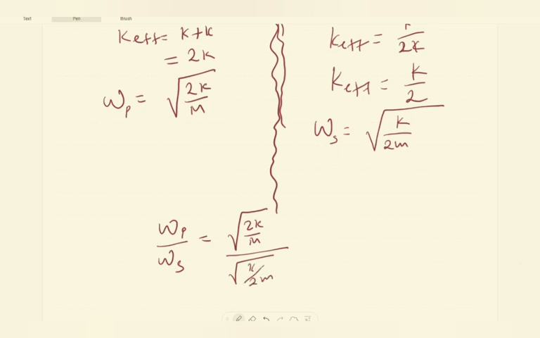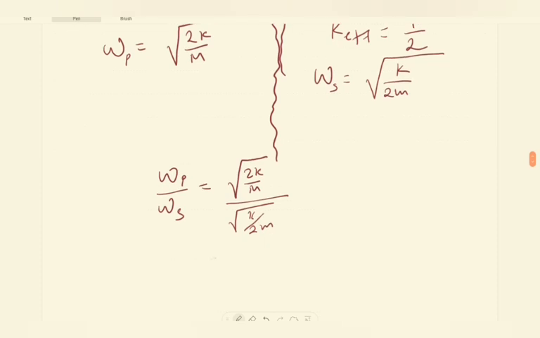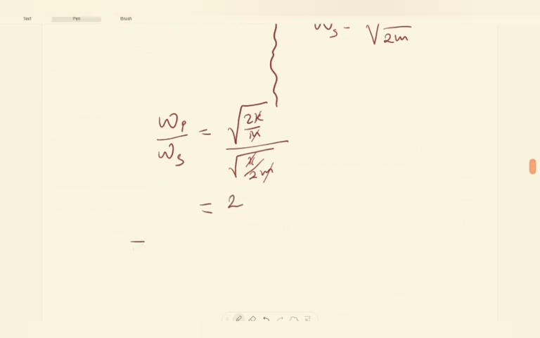So as you see here, you would get the result 2. Here we can cancel k by k, we can cancel the mass, and of course this thing gives you 2. So this tells you, therefore, the angular frequency in parallel connection is equal to twice the angular frequency of series connection.